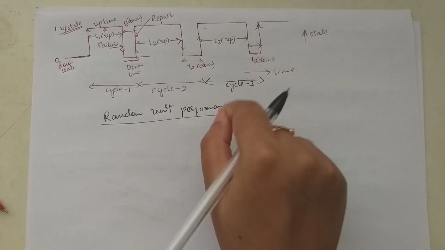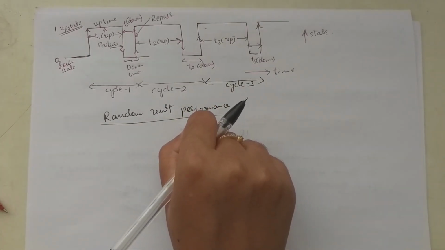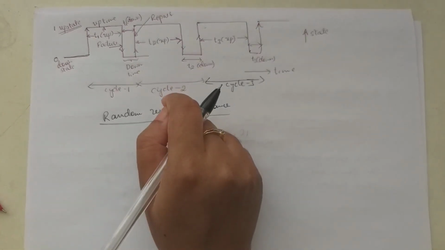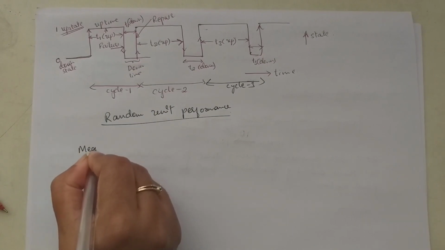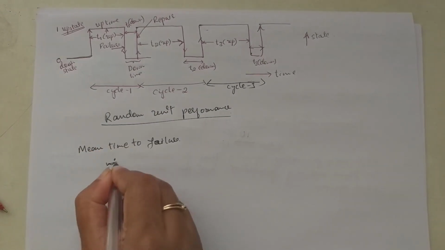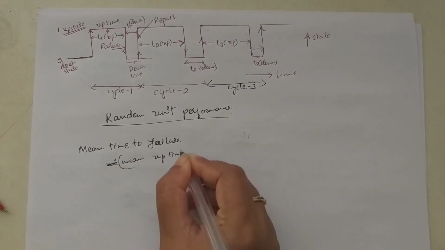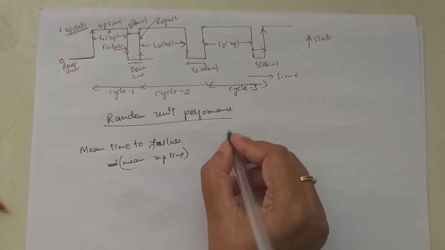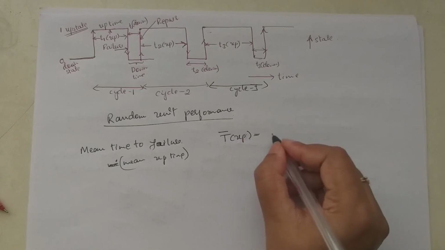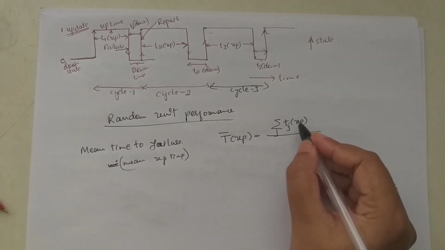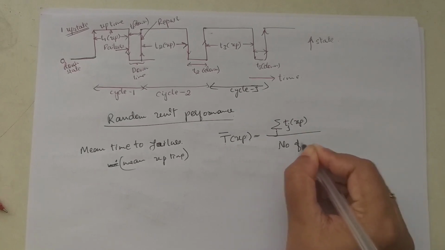In order to go through Patton's analytical approach, we need certain data like mean time to failure. Initially we have to find the mean time to failure, which is also called mean uptime, indicated by T up, which is the ratio of the summation of uptime to the number of cycles.